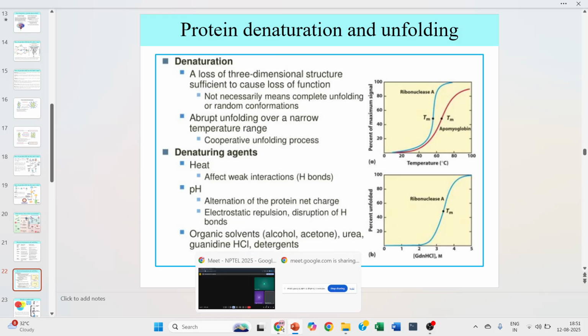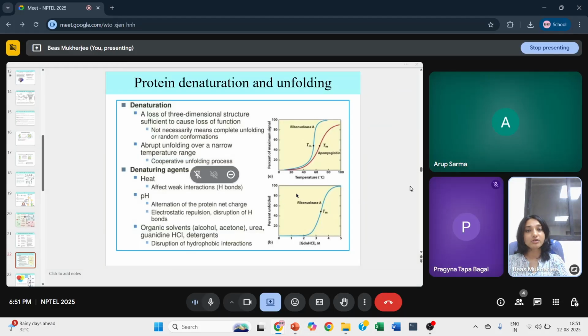So now see, these are important graphs. Denaturation is a loss of the three-dimensional structure sufficient to cause loss of function, not necessarily meaning complete unfolding or random conformations. An abrupt unfolding over a narrow temperature range, a cooperative unfolding process, can also be seen. So denaturing agents can be heat, where weak hydrogen bonds are broken; pH alteration, which alters the protein net charge.